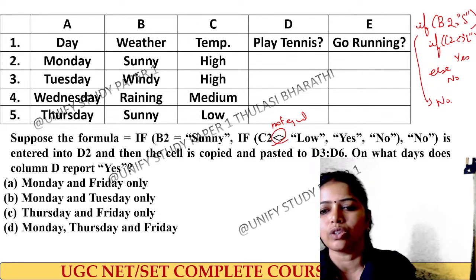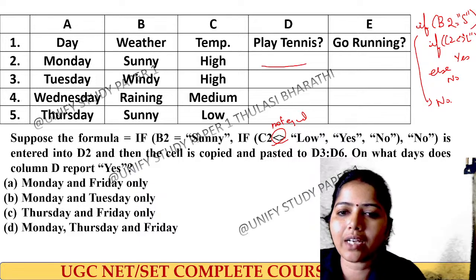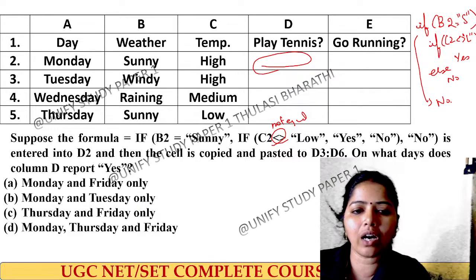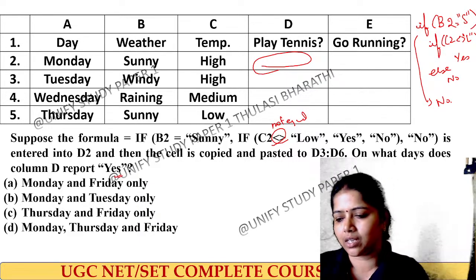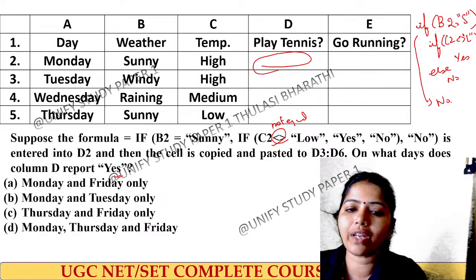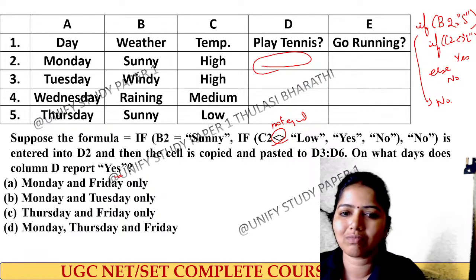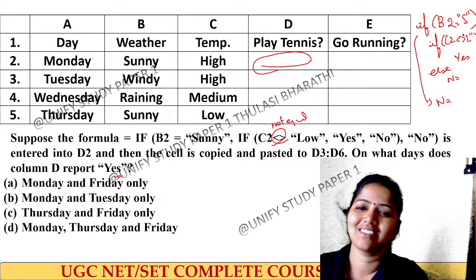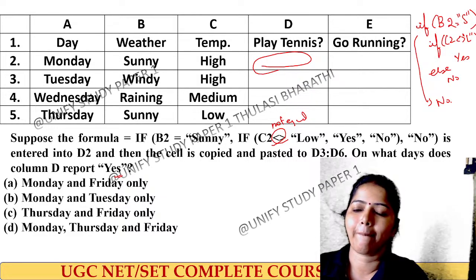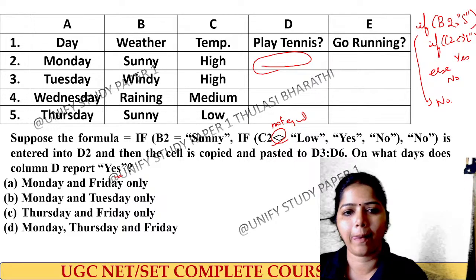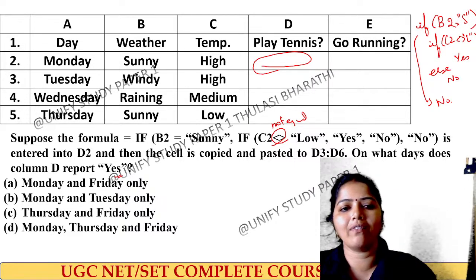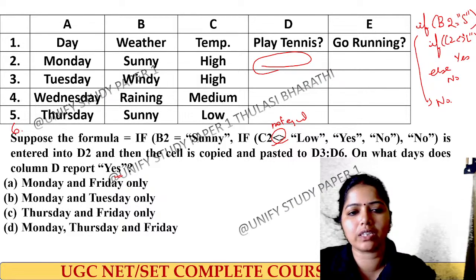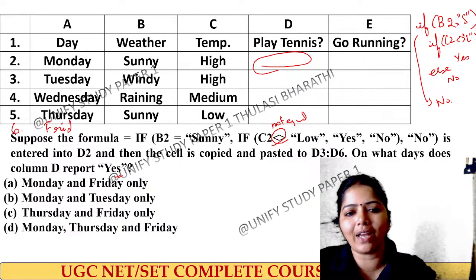Calculate and then tell. So what is the question? What should be entered here in D2? So here, how many columns say yes? And also tell me how many columns say no. Obviously it will come, right. Yeah, wait, I'll give you. This is 6. Friday, one minute, I'll give you.